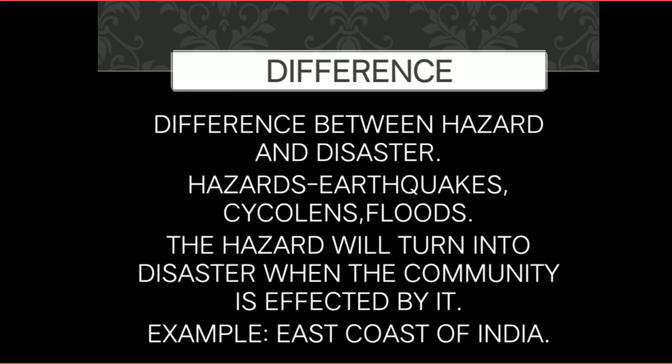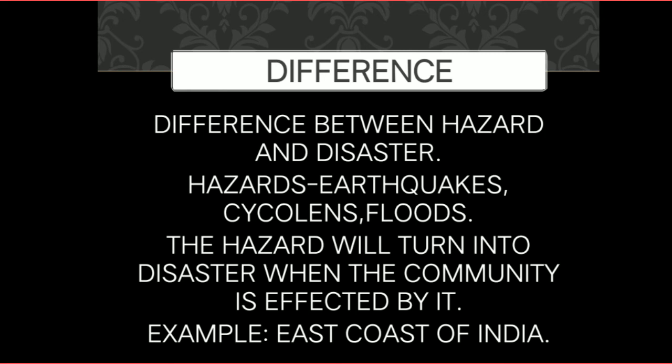Now the hazard will turn into a disaster when the community is affected by the hazard. In simple terms, the hazard turns into a disaster only when there is any loss or damage to the particular community. When the community is overwhelmed by the damage caused, and does not have the resources to cope with it, this is where the hazard turns into a disaster.